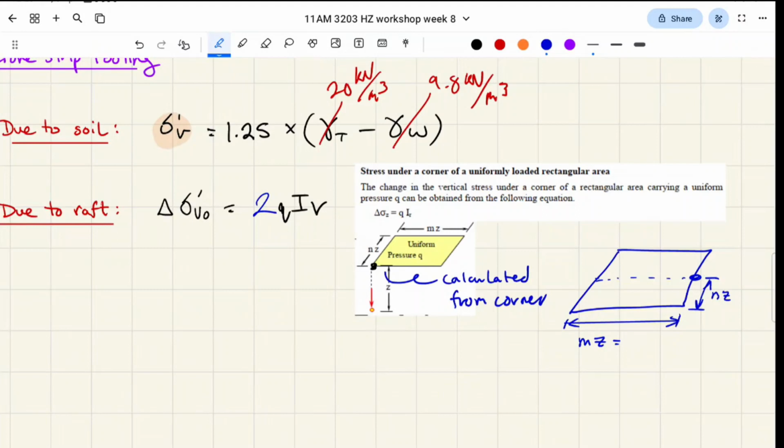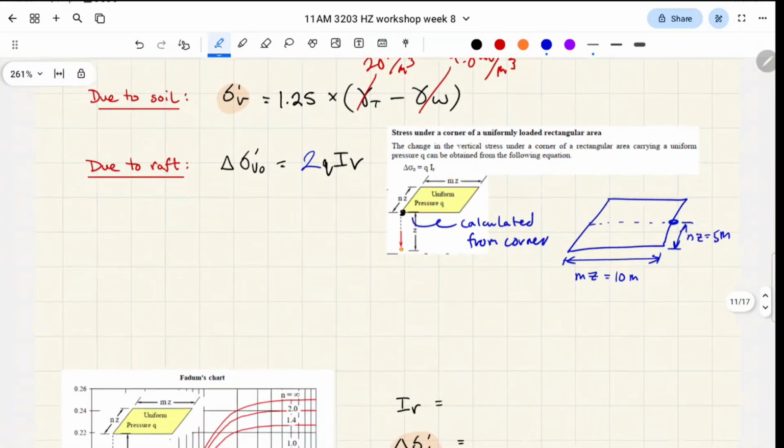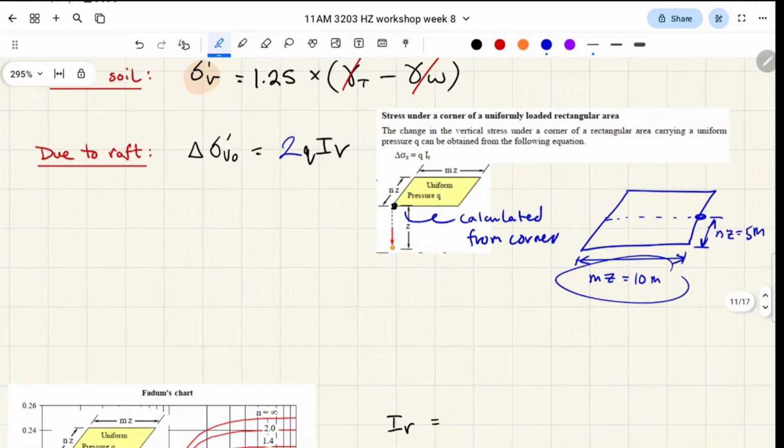And this is going to be equal to our m factor multiplied by z and our n factor multiplied by z, where z is the depth. Our end goal is to solve for m and n, and we already know these values. It's a 10 by 10 footing, so mz is going to be 10, nz is going to be 5.